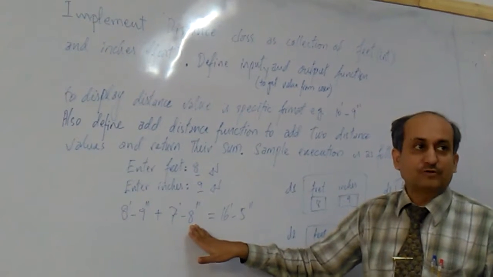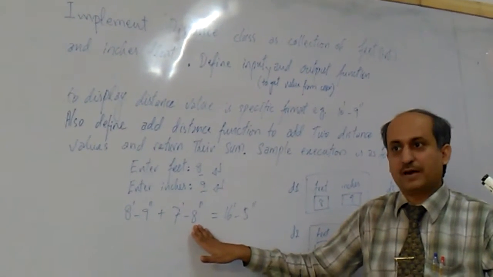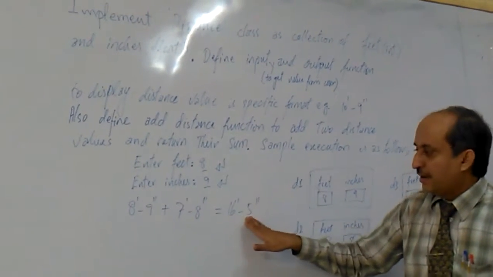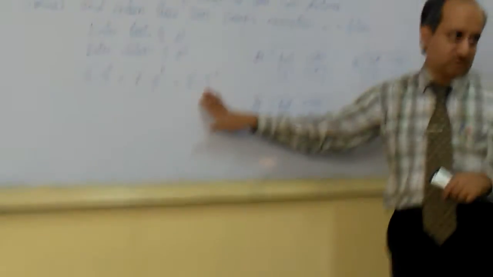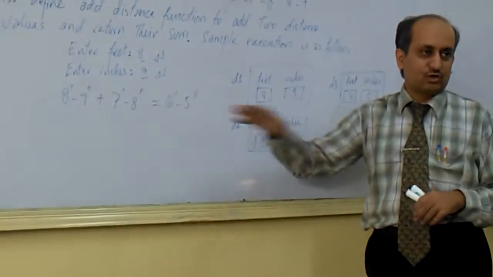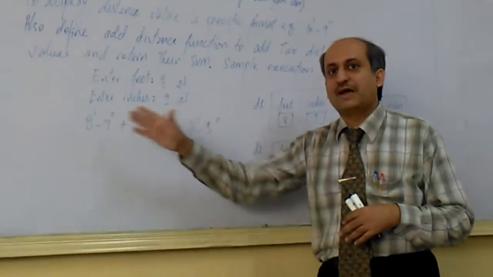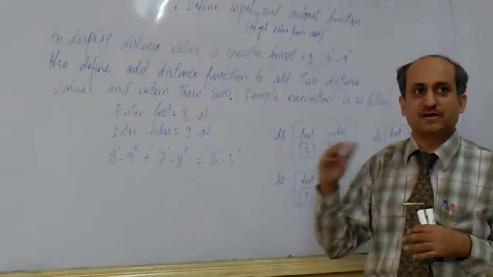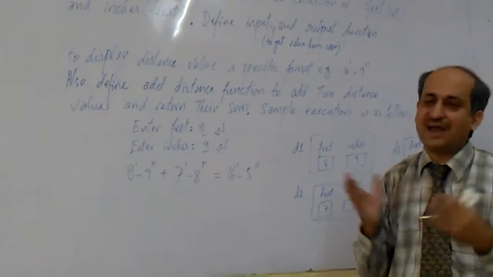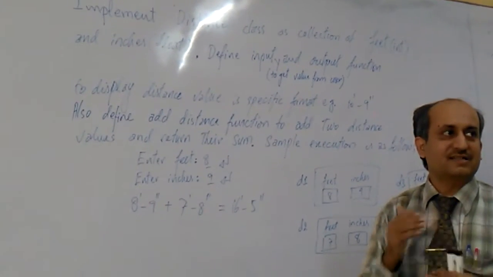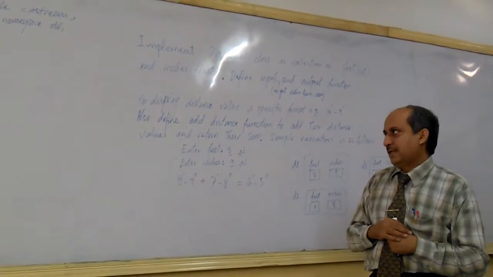Then your program should display the value that was initialized by the programmer, by you, and at the end it should display the sum of both distance values. It should process both distance objects. It should add up their feet data members. It should add up their inches values, and if a carry is generated, then feet should be incremented and 12 should be subtracted from inches.